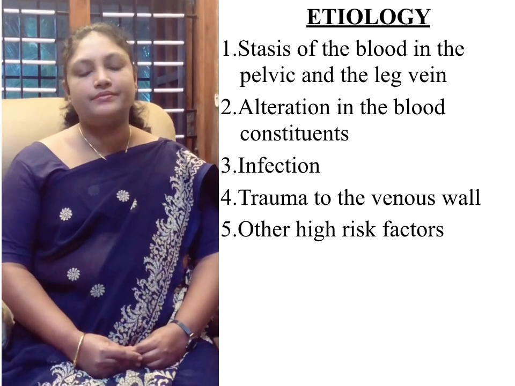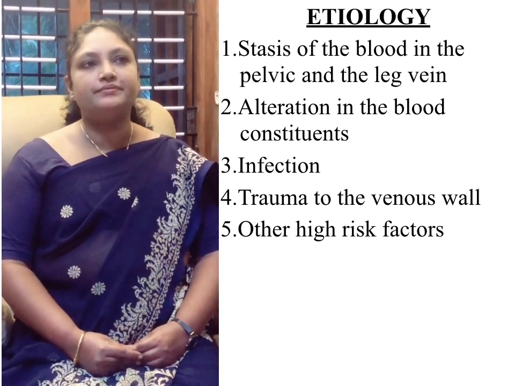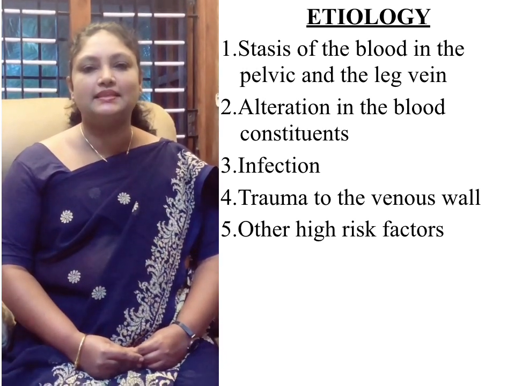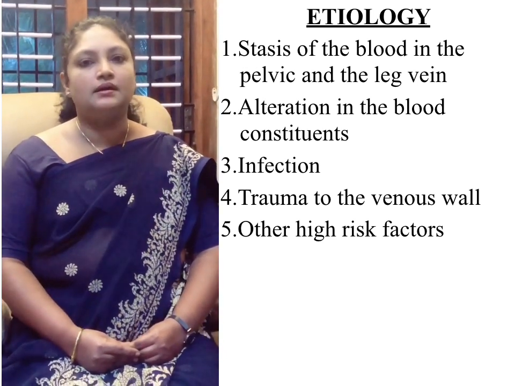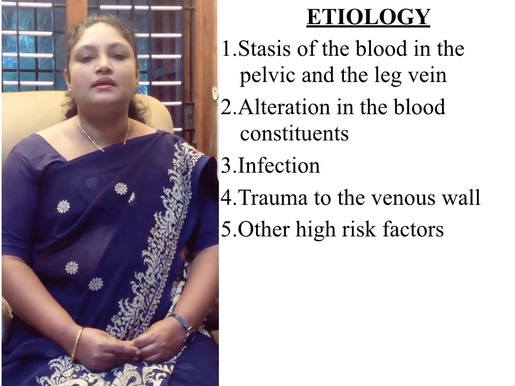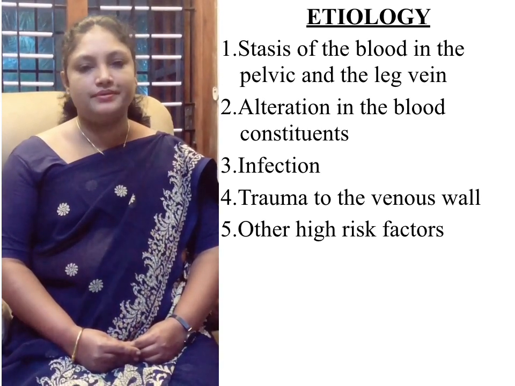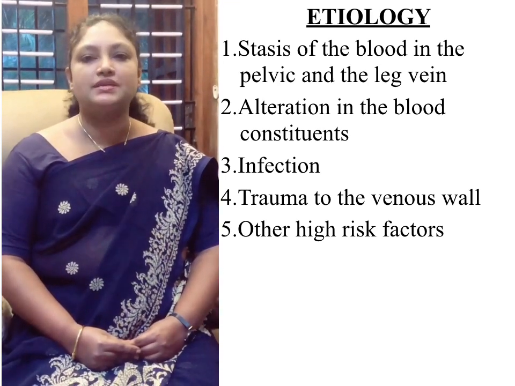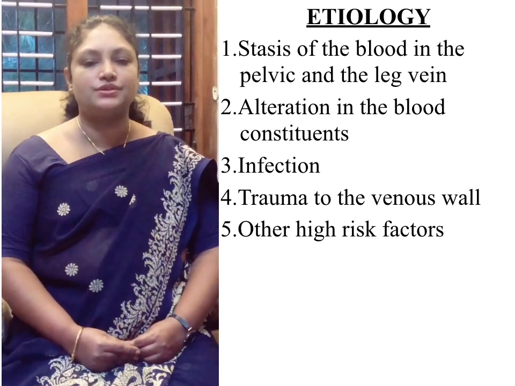Or even after an operation or after delivery, if she is not moving or not ambulating, then there is a chance of thrombosis. That's the reason we always say to ambulate the patient even after cesarean section or normal delivery. She has to ambulate and do certain postnatal exercises to prevent the formation of thrombus.